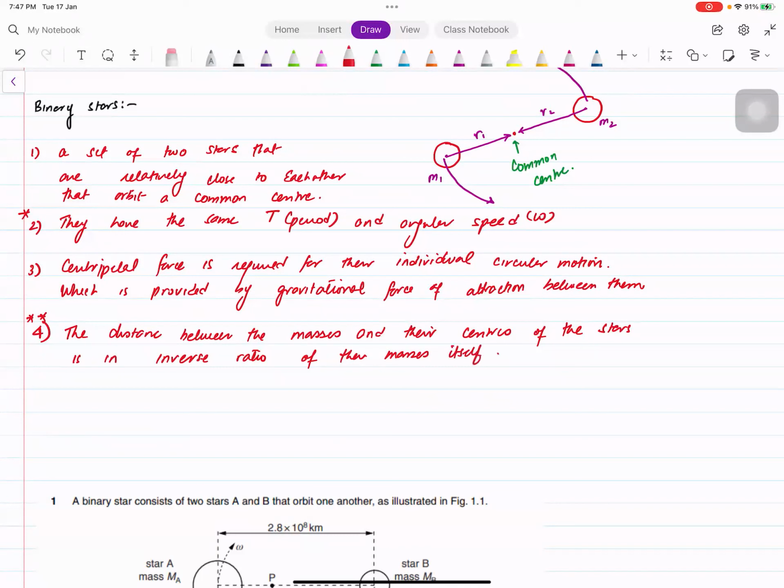Now, what it means is that suppose if you take a ratio of mass of the first star over mass of the second star, then the ratio is inverse, which means the radius of the other star from the common center over the radius of first star. So they are basically inversely proportional like this. Is that clear, everyone?